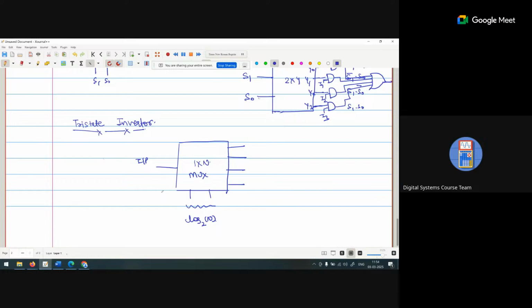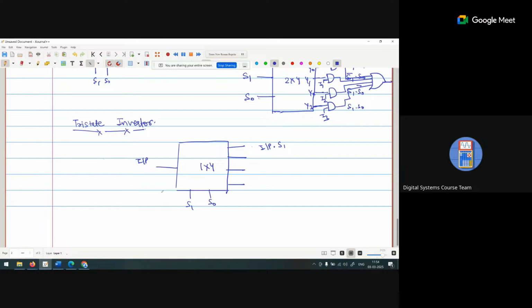So what is the equation of this one? If I say it is a 1 cross 4 demux, now we are using the two select lines S1 and S0.